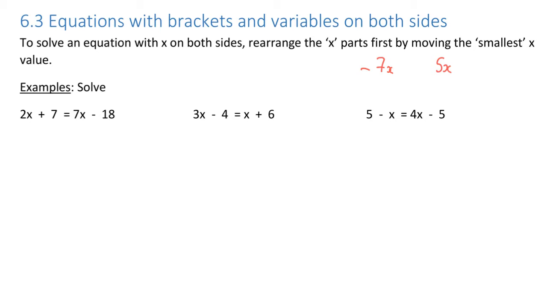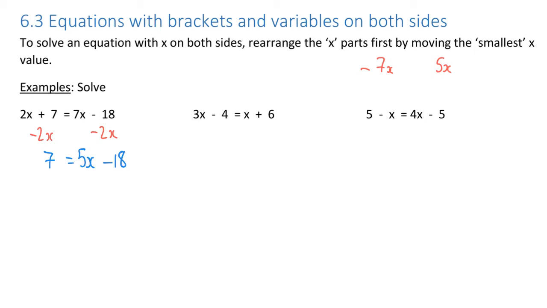So in this first example, we've got 2x plus 7 equals 7x minus 18. 2x is the smallest number of x, so what we need to do is to get rid of the 2x. If we subtract 2x from both sides, we have 7 on the left, and that's going to equal 5x minus 18.